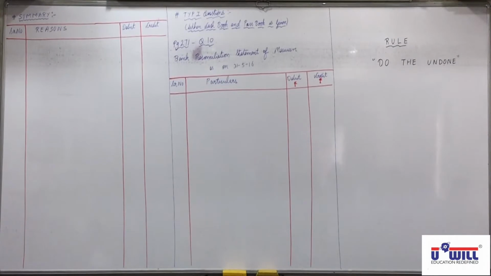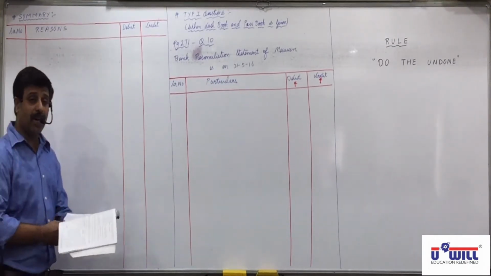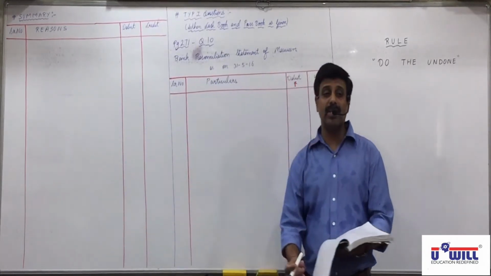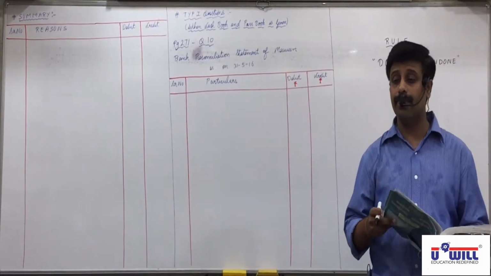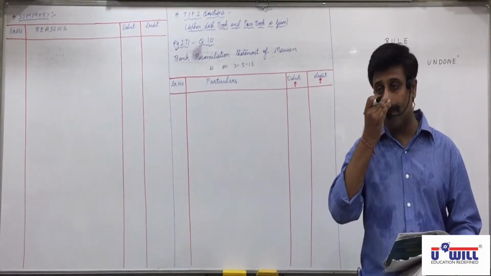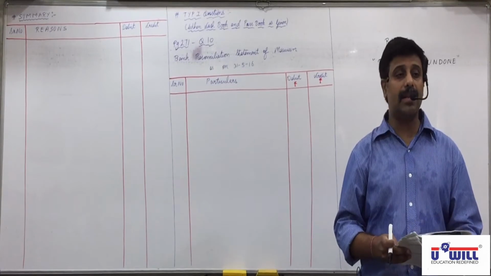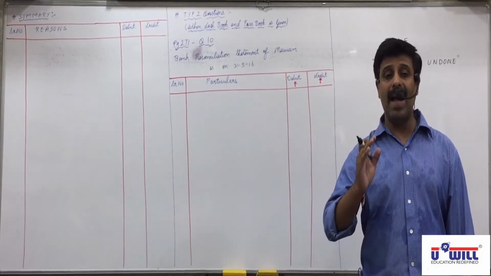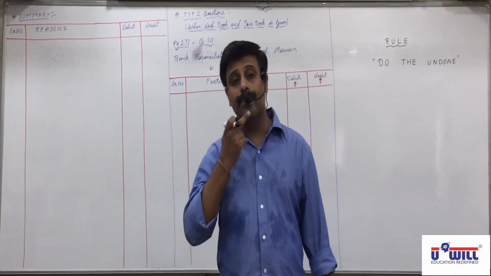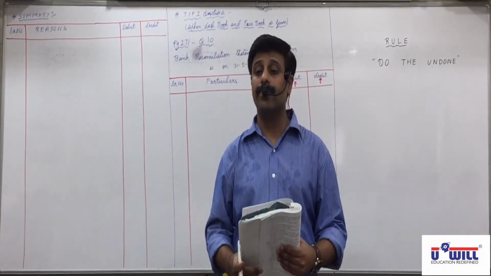Now, as I discussed with you, understand it properly. Our starting point will be closing balance of cash book. What is closing balance of cash book? 12,600. Now, listen carefully. Is that 12,600 a bank balance or bank overdraft? No, it's bank balance.